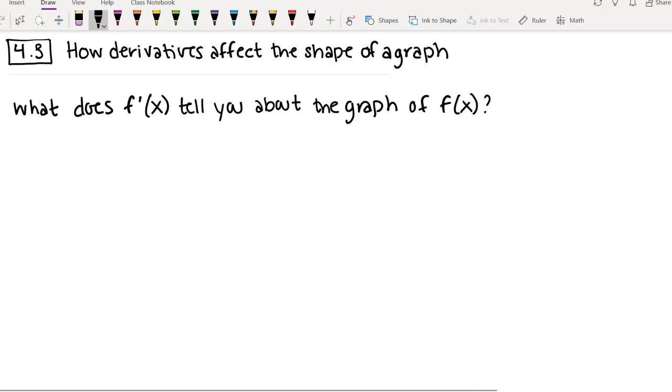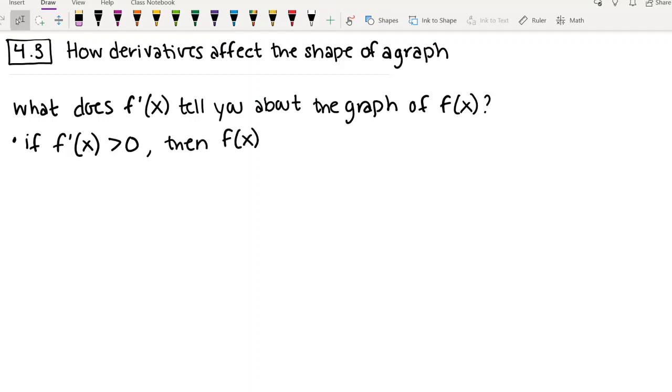What we've seen is that if the derivative is bigger than 0, is positive, then that tells us that our original function is increasing. It's going up, because if the tangent lines have a positive slope, that means the graph has to be going up from left to right.